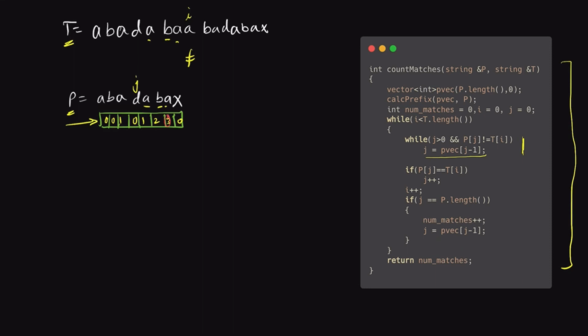Now again you will see that this i and this j do not match. In the while loop only we are considering this. So you just go to j minus 1, which is this position.